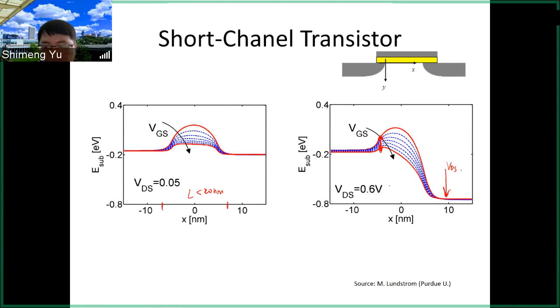The reason is that they are so close. So the drain voltage can affect the source barrier. So the VD lowers the source to channel barrier.